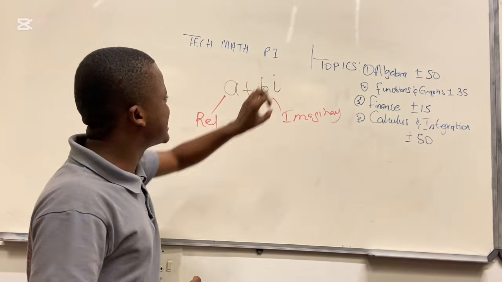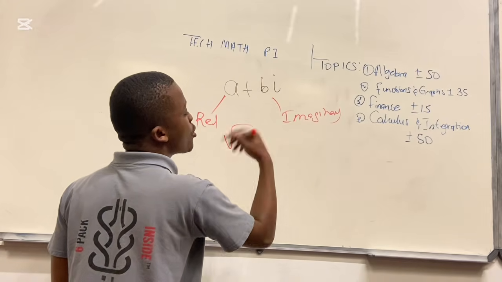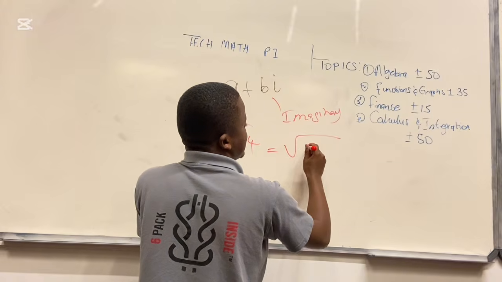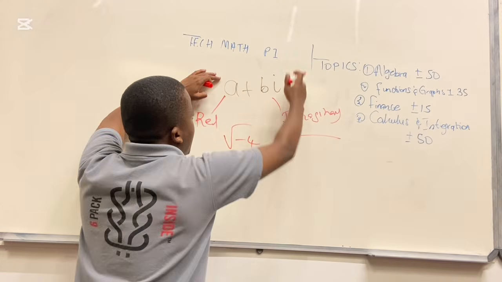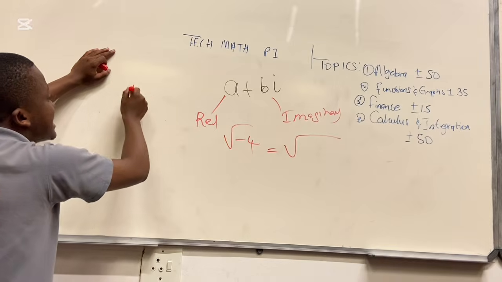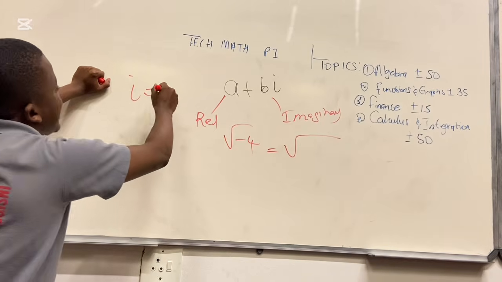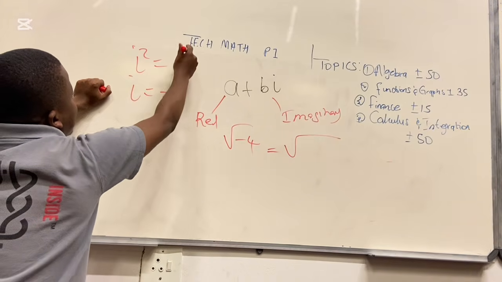This simply says that the square root of -4 can be written as what? I want you to note that the rule here says i is equal to the square root of -1. This is from i squared is equal to -1.